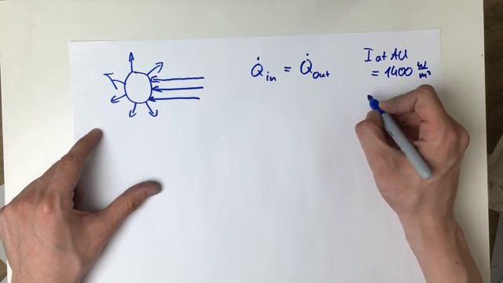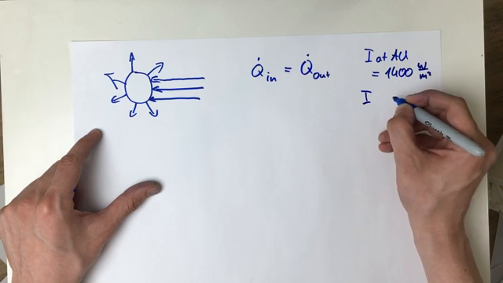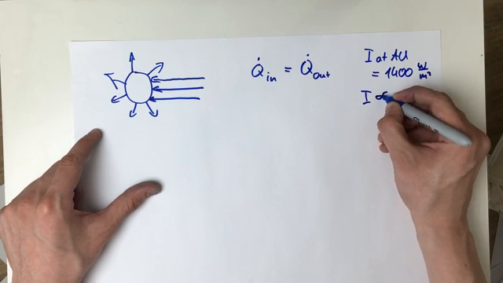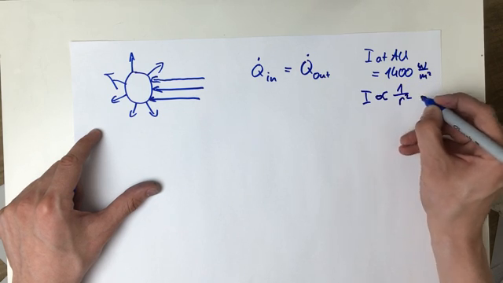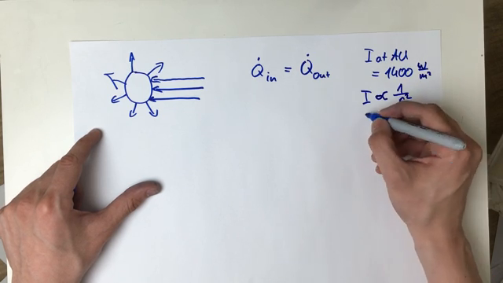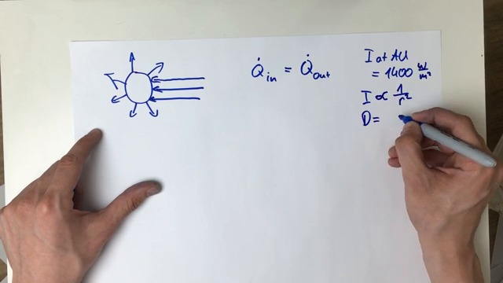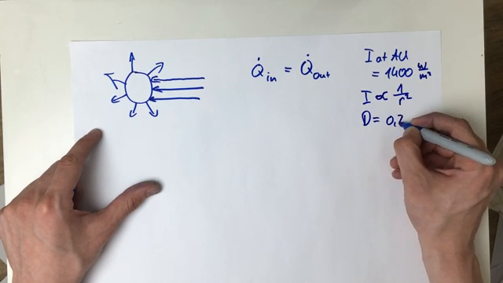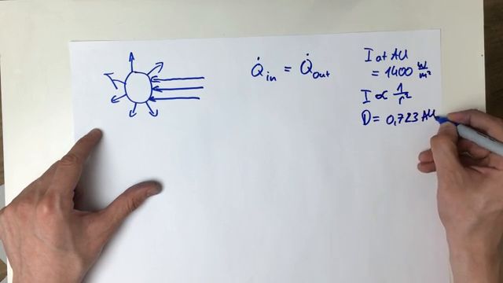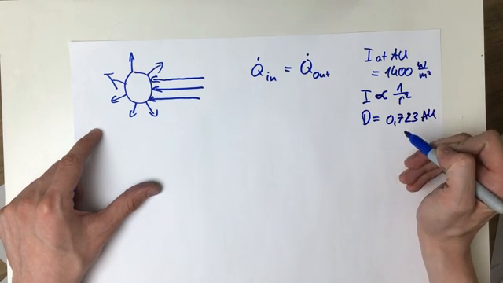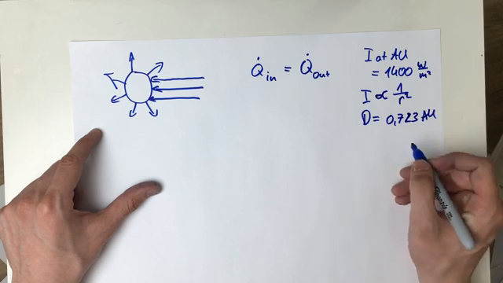And we know also that the intensity decreases with this relation, 1 over r squared. And we also know that the distance of Venus is 0.723 astronomical units. So it's closer to the Sun than the Earth, obviously.